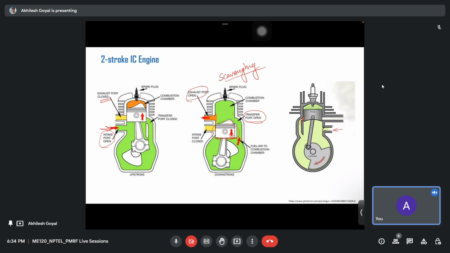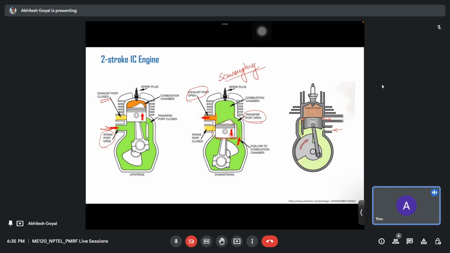And as these gases go into the cylinder, they push the combustion products out of the cylinder through this port. Okay, so this is how in only two strokes the thermodynamic cycle is completed in two-stroke engines. Okay, so these are the basics.